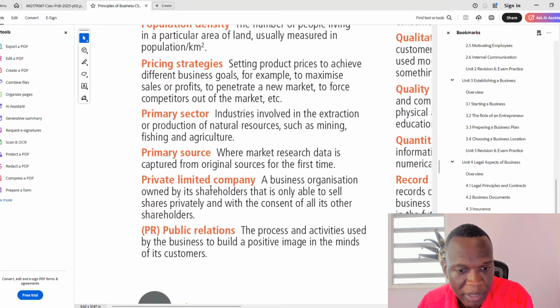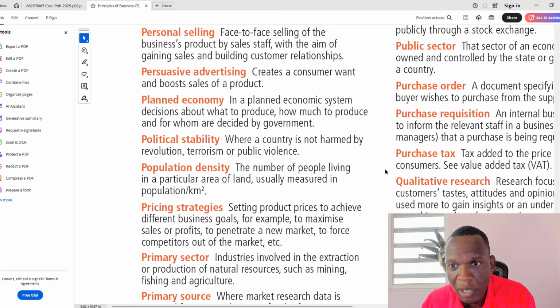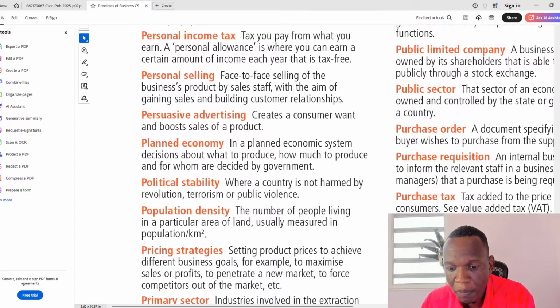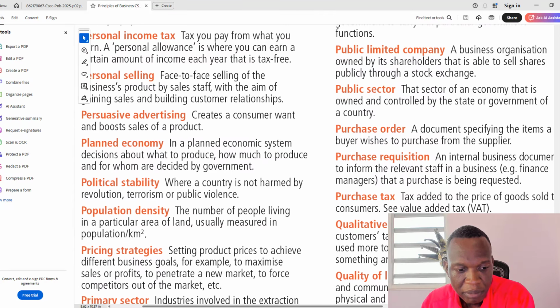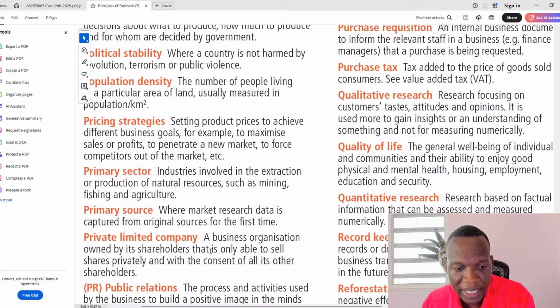So we have the private limited company, a business organization owned by its shareholders that is able to sell shares privately and with consent of all other shareholders. So they're not allowed to sell shares on the public stock exchange, right? But the public limited company, again, is owned by shareholders, but they are able to sell shares publicly through the stock exchange. That's one of the key differences between these two entities.